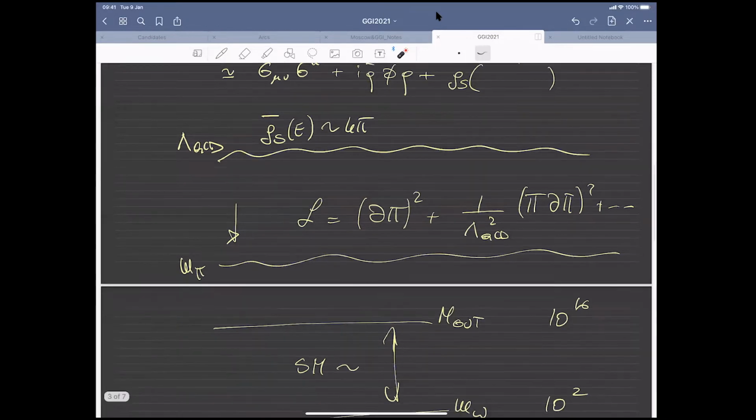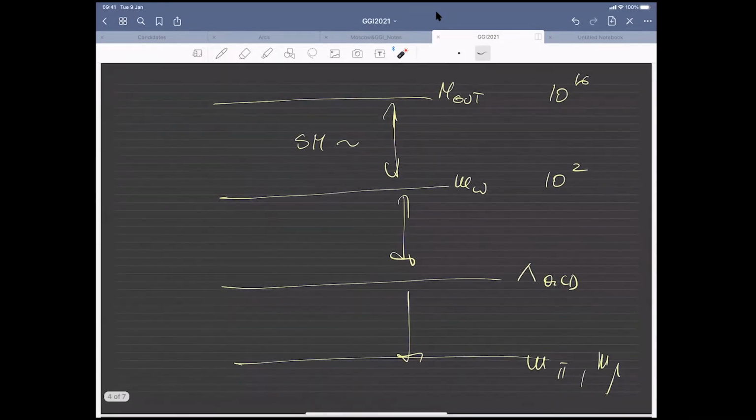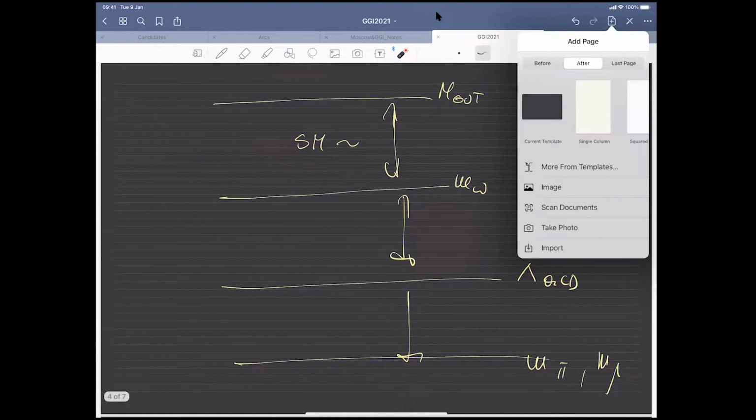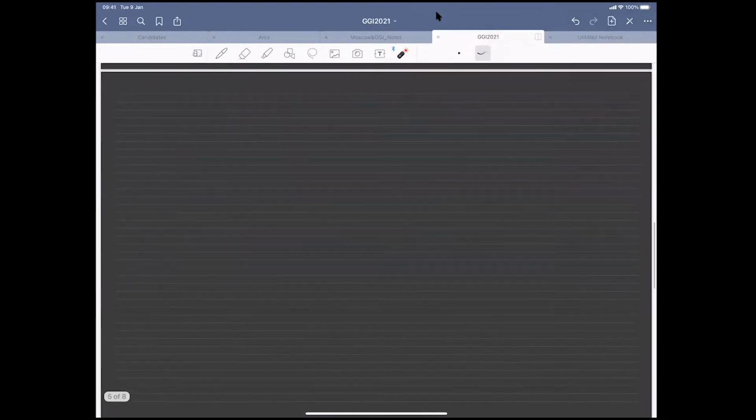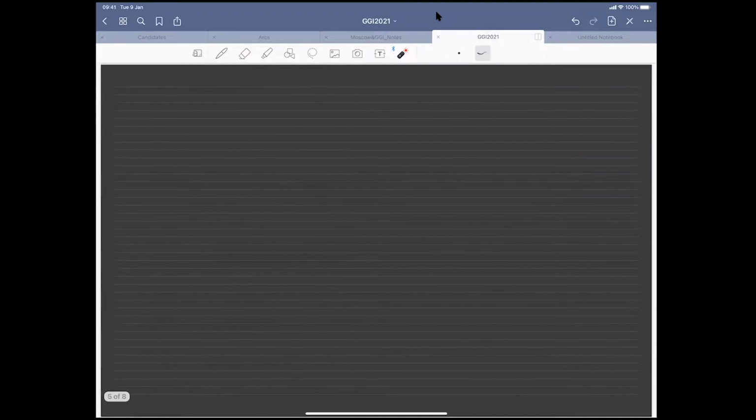Okay, so now it turns out it's a fact, and it's a fact of life, which is highly debated, certainly proven in the case of weakly coupled theories, but most likely true also for strongly coupled theories.